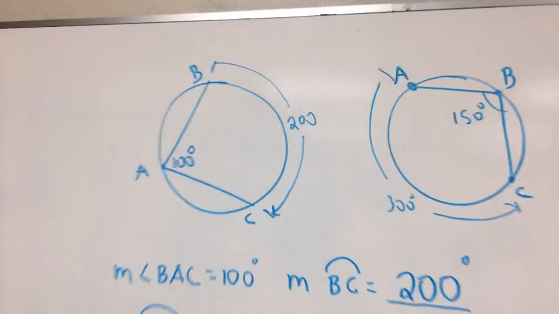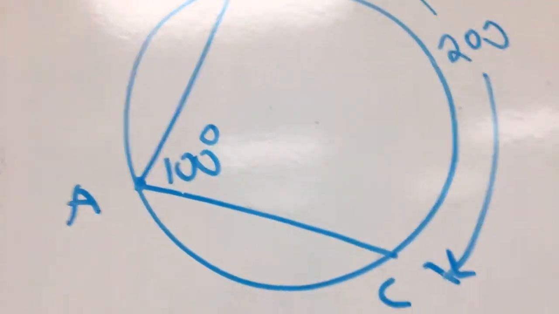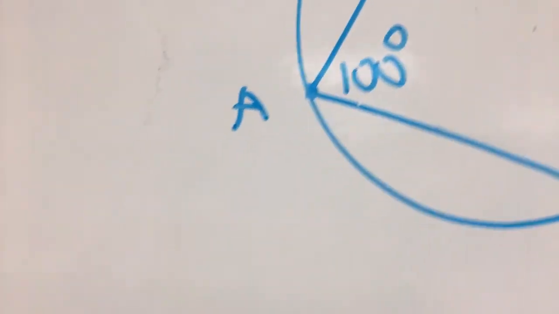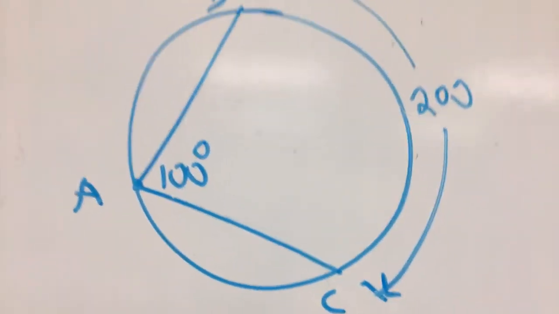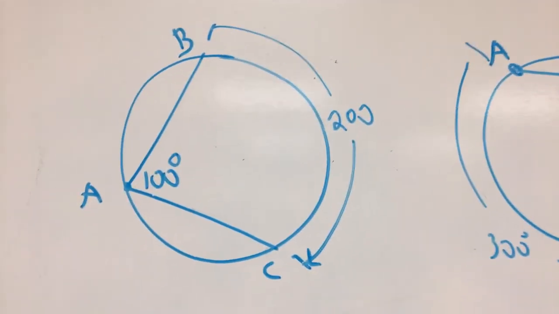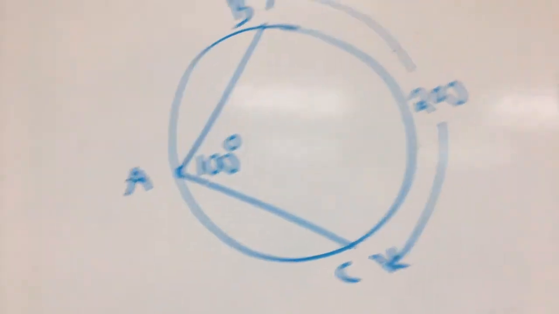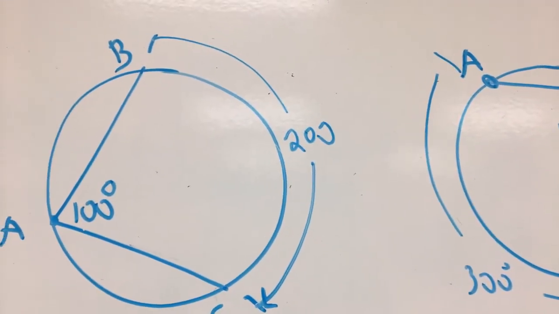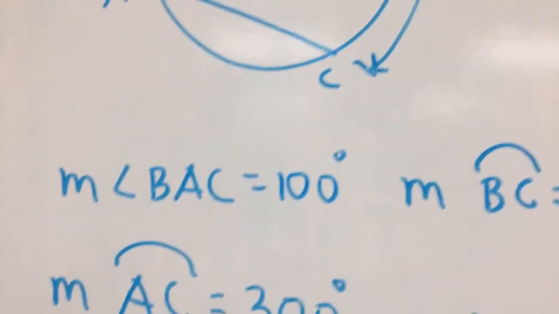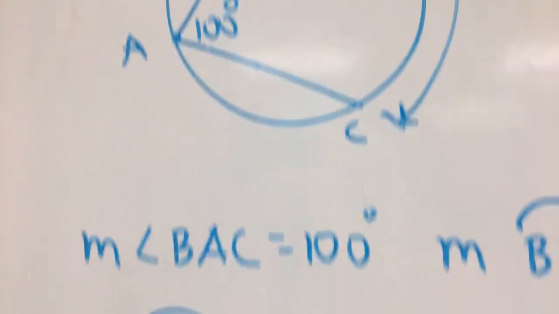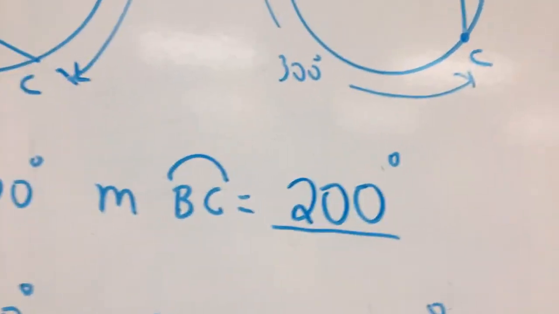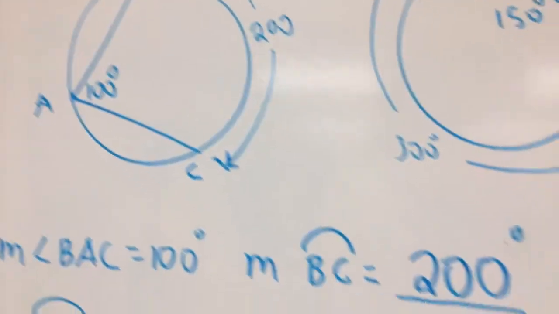So here we go. I have a circle. It has an angle measure. It has an arc. Notice that if the angle is 100 degrees, the intercepted arc is 200 degrees. So the measure of angle BAC, if the measure of the angle is 100, the measure of the arc is 200, all right?